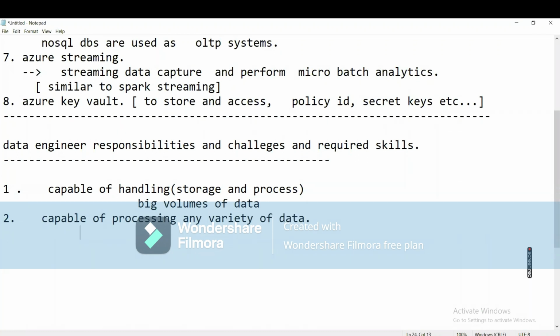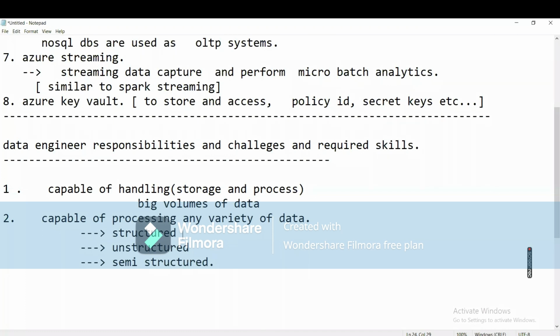Please tell me what are the different varieties. Structured, unstructured, and semi-structured. Whatever the data variety may be, you should be able to process it. Got it.